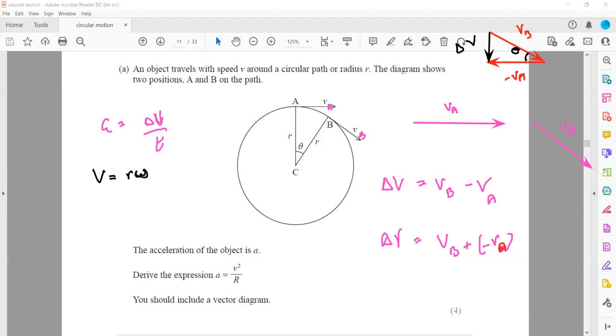And what about omega? Omega is equal to the change in angle divided by time. So in place of omega, we can write change in angle, delta theta divided by t. So V is equal to R delta theta divided by T.